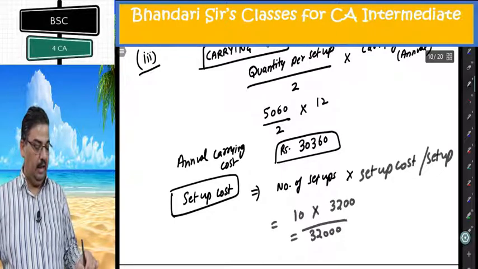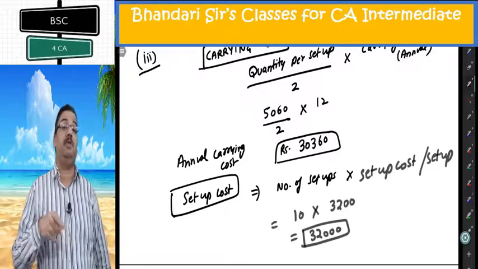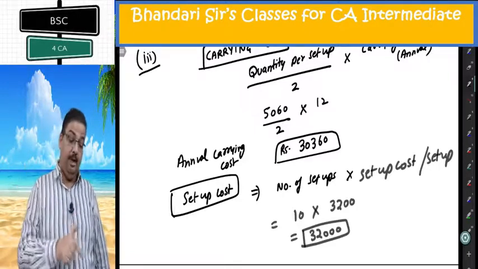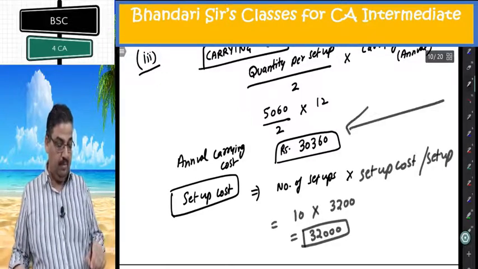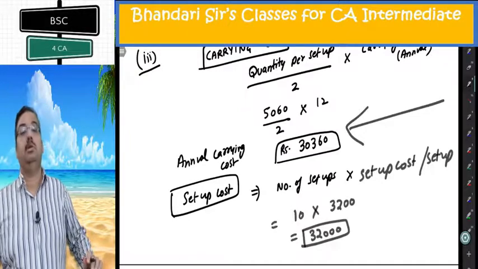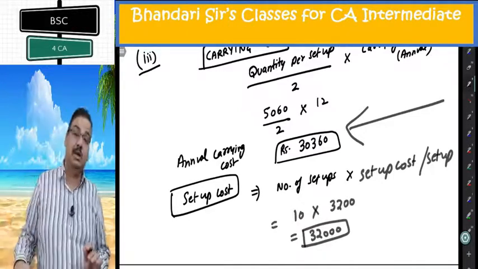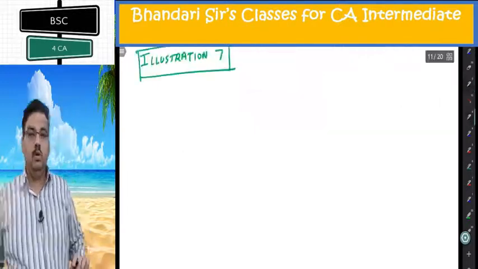Now technically they are bound to be same. Why they are not same? We approximated number of setups. Otherwise it would have been 30,360. The institute module says this is the minimum cost related to inventory carrying cost. So this is the answer of third part. This is complete illustration number 6.